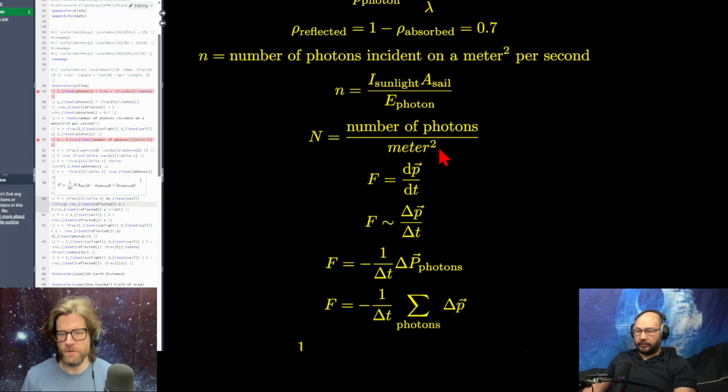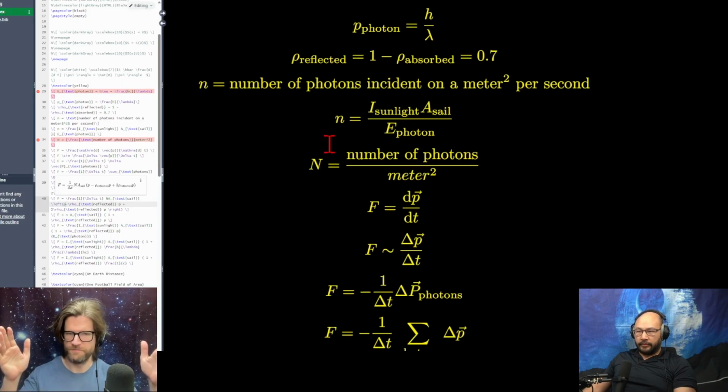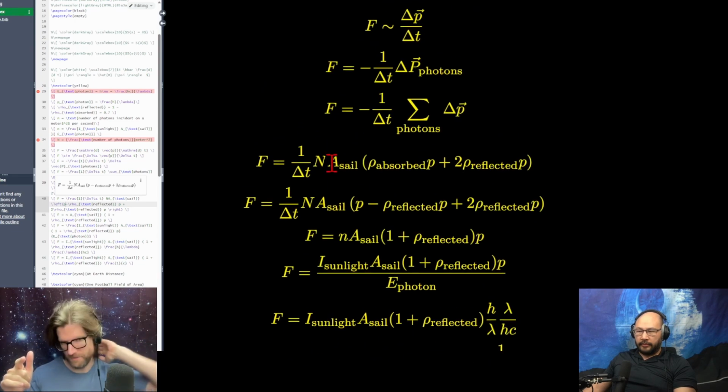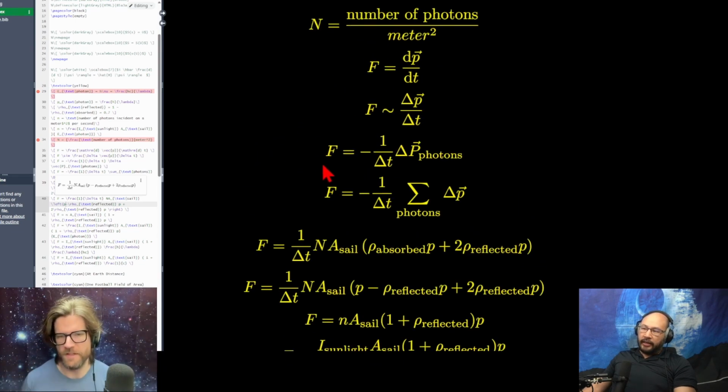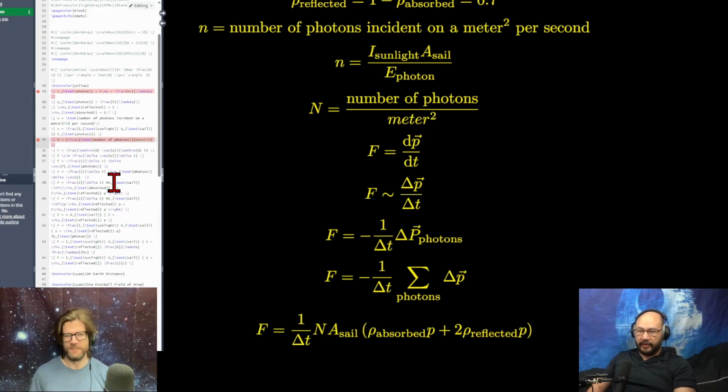So I have to multiply that by the area of the sail to get the total number of photons incident on the sail over some time period. And then if I divide that by delta T, I get the number of photons per second. Let's see if I understand what you want.